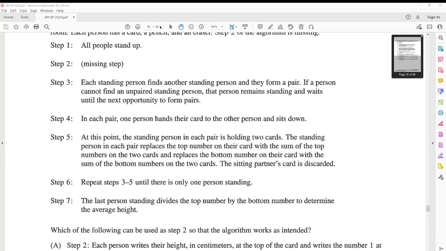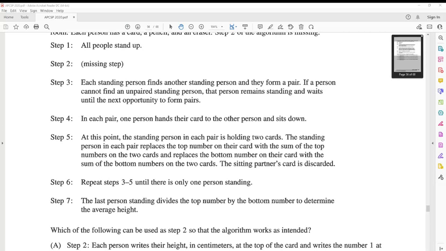So they will switch the data, and that's related to step 5. Step 5 replaces the bottom number. The top number is the sum of the top numbers of the 2 cards, and likewise for the bottom of the card. The trick here is that at this point, each standing person is holding 2 cards.